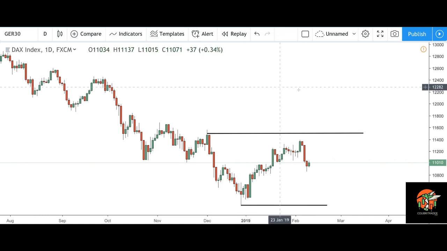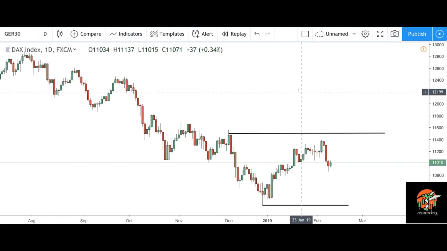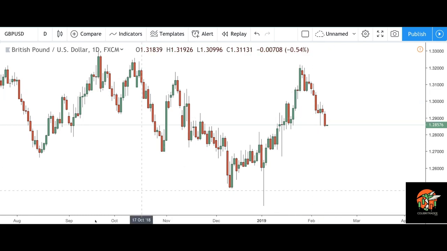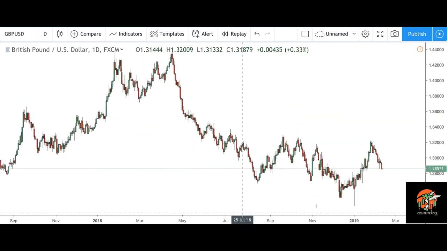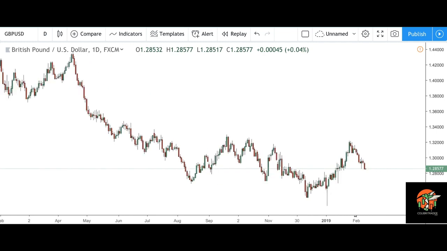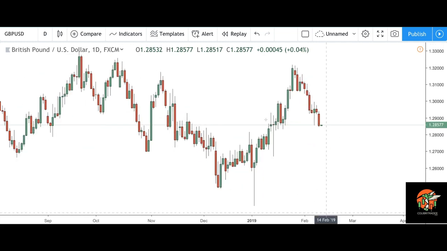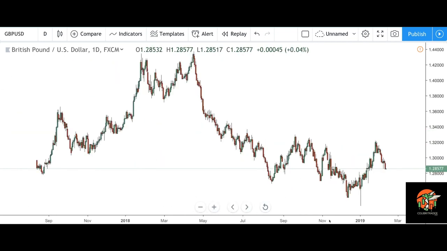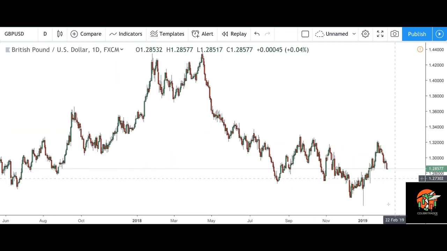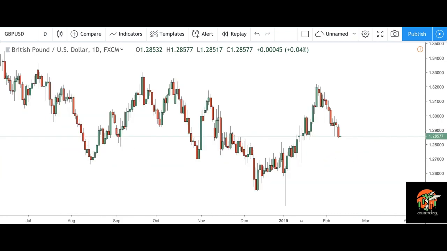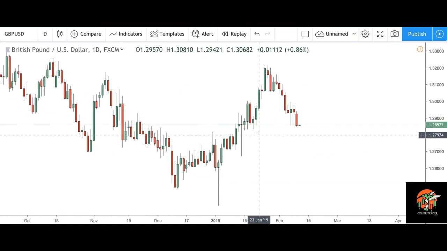So yeah, let's go to another potential instrument, the pound dollar. You can see that I mentioned in one of my previous videos again that we have a demand area here, pretty much just below where the current price is located on the chart, and I'll be looking for possibly a bullish pattern, a bullish candlestick pattern.